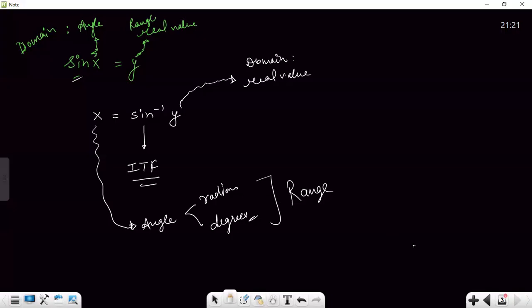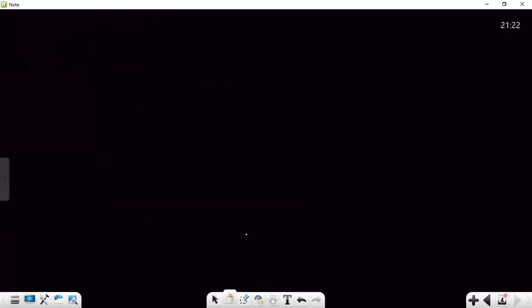Okay. So let's now discuss the domain and range for the inverse trigonometric functions. I'm going to write the domain and range here, starting from sine inverse.